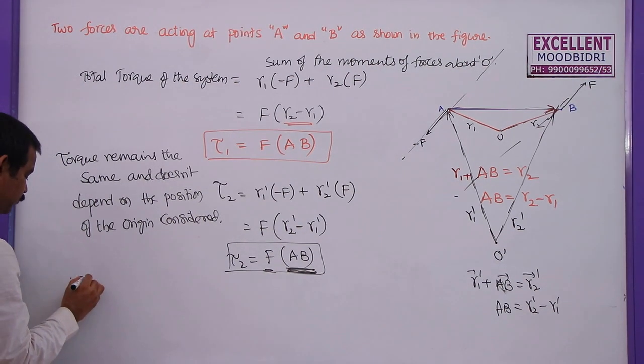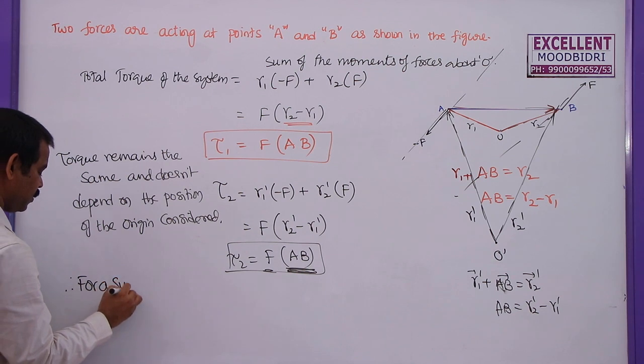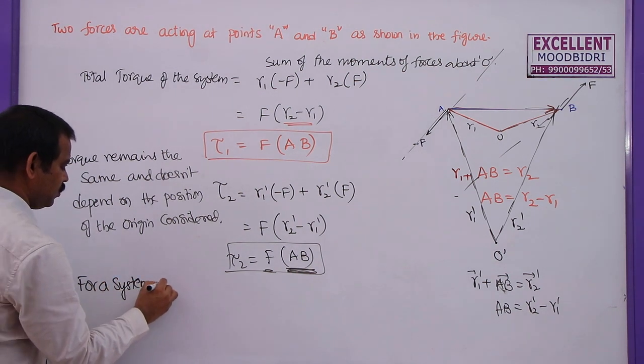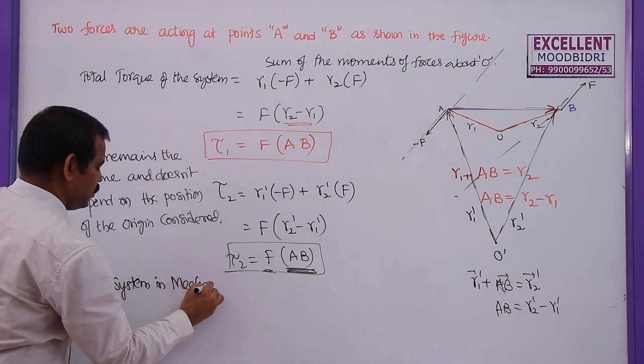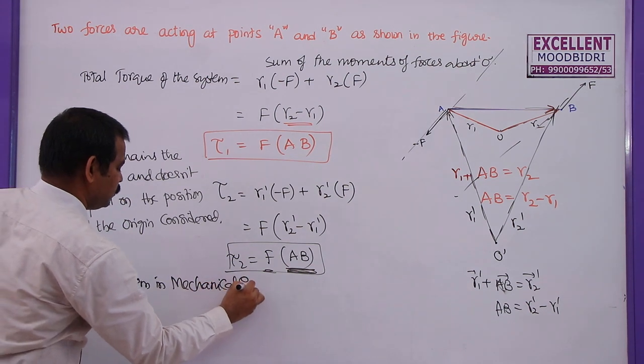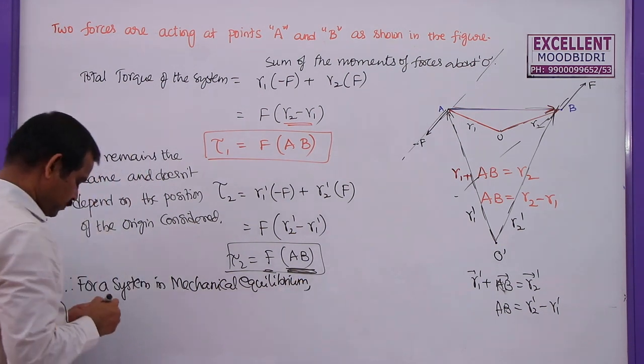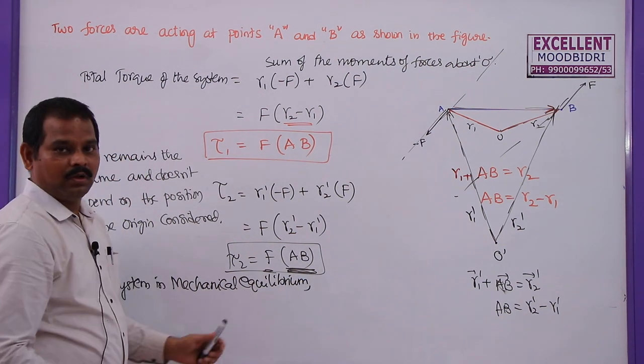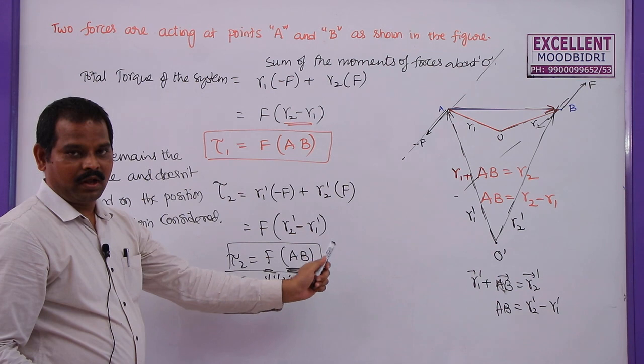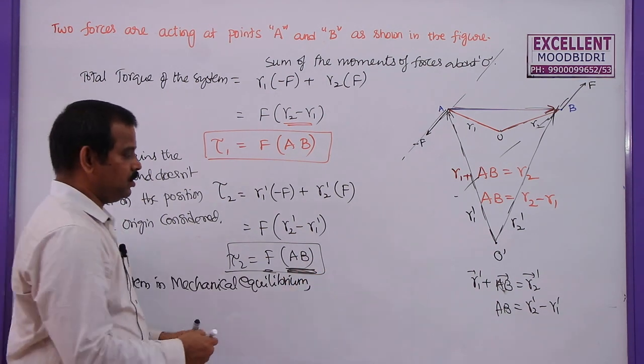The conclusion is, for a system in mechanical equilibrium, it should be in rotational equilibrium as well as translatory equilibrium.